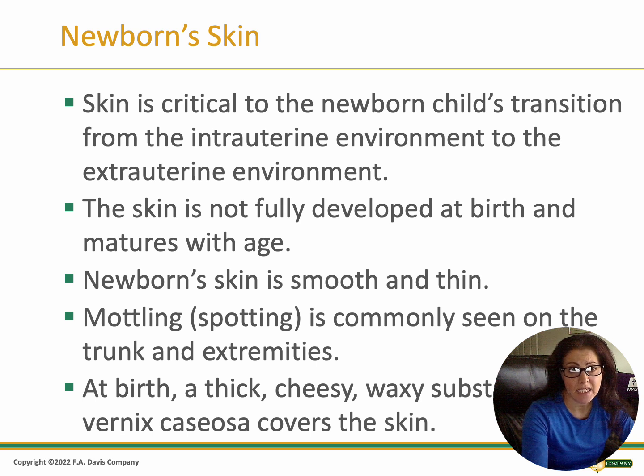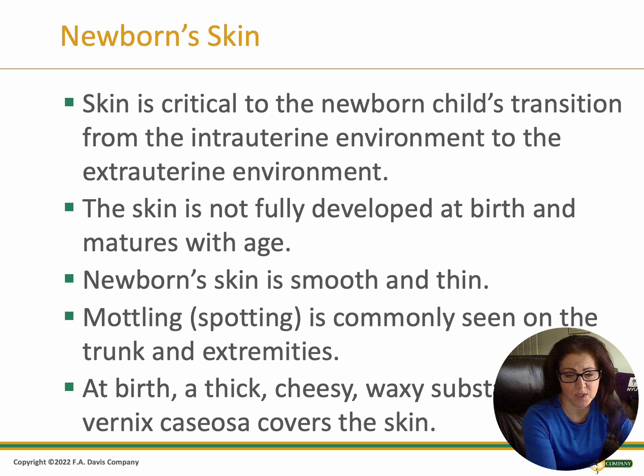The skin is critical to the newborn's transition from the intrauterine environment to the extrauterine environment. The skin isn't fully developed at birth and usually matures with age. It's usually very smooth, very thin. You can definitely see vessels underneath the skin.